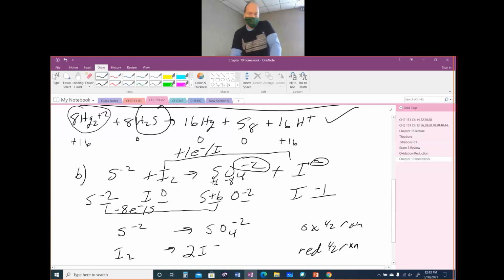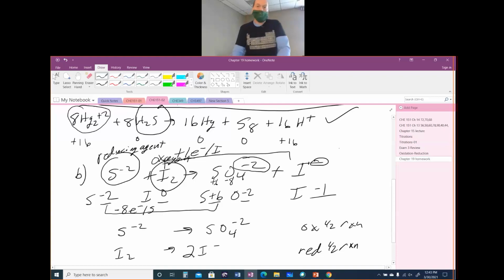All right, and so now we know that the S -2, you can go up to the original problem. That is the reactant of your oxidation half reaction. That makes this your reducing agent. It is called that because we added that in order to reduce our iodine. And the iodine is the oxidizing agent because that is what we used to oxidize our S -2.